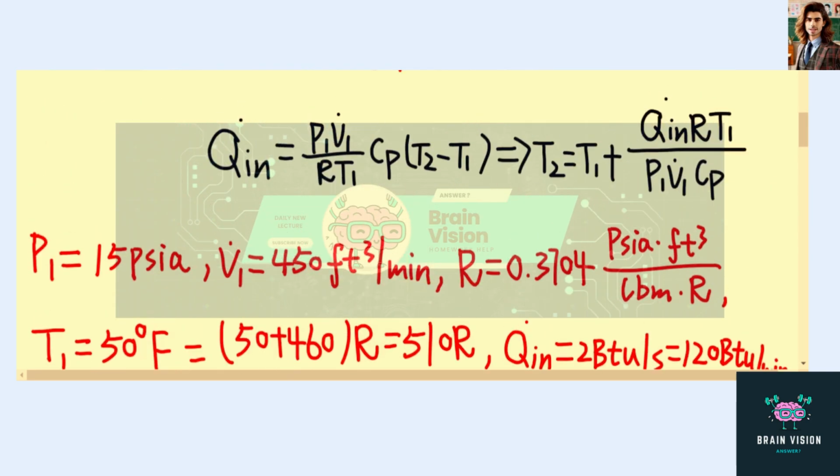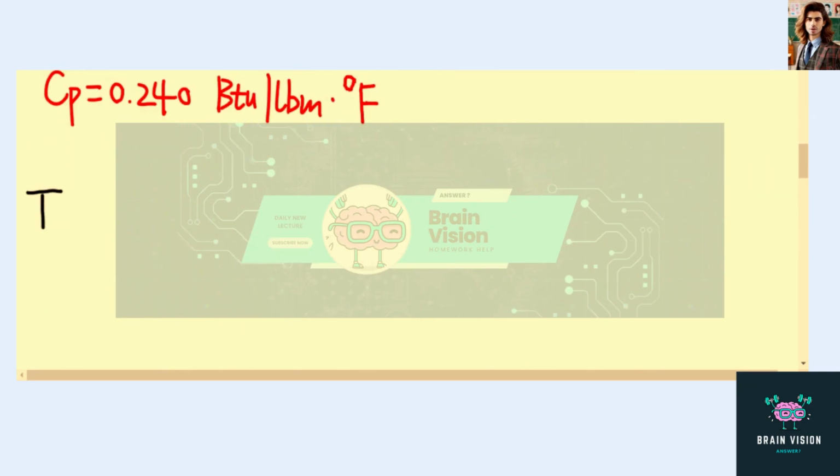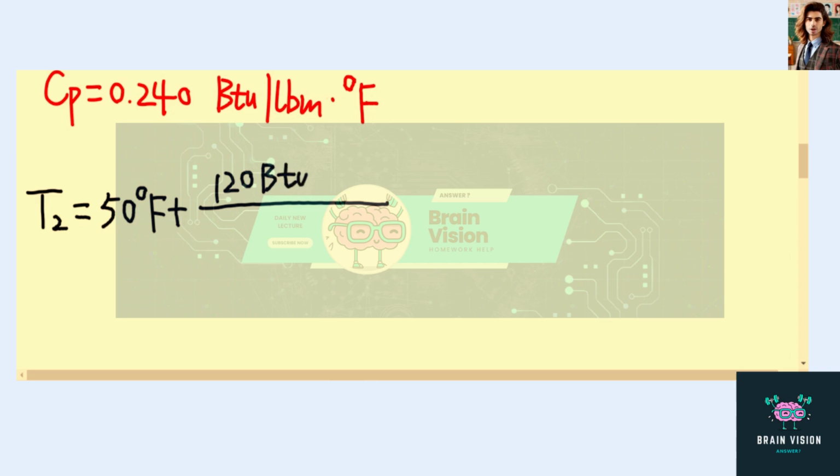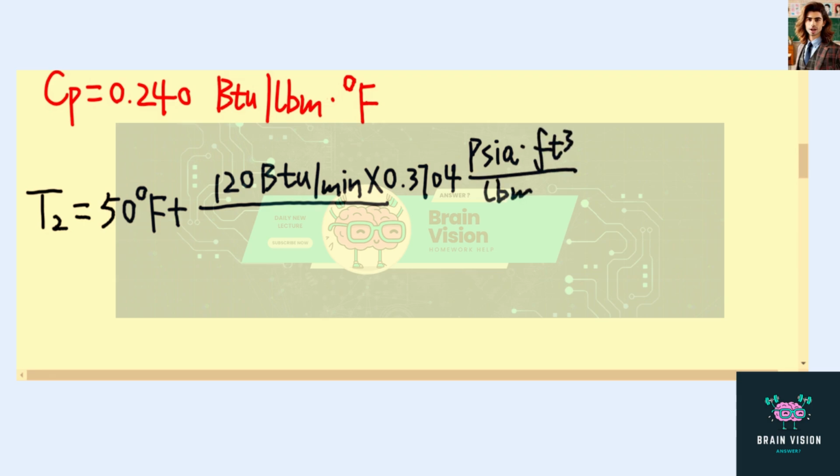So now let's plug back into the equation. So we have T2 is equal to 50 degrees Fahrenheit plus 120 British thermal units per minute times 0.3704 psia times feet to the power 3 over pound mass times Rankine, and then times 510 Rankine.